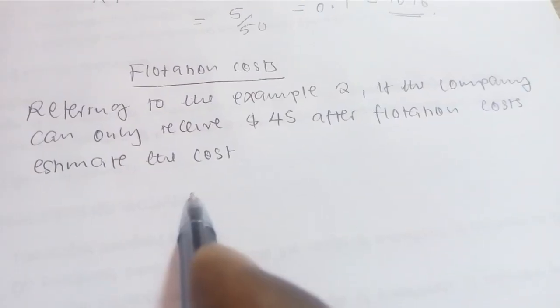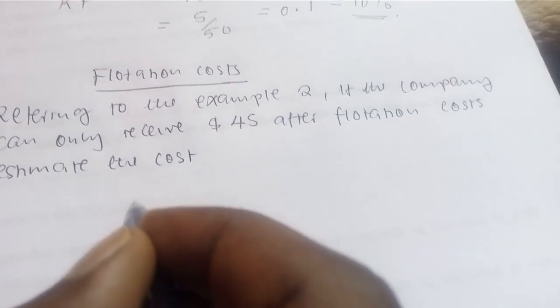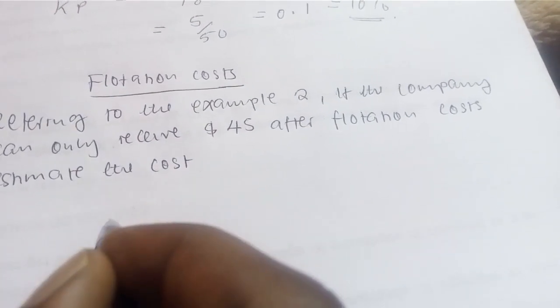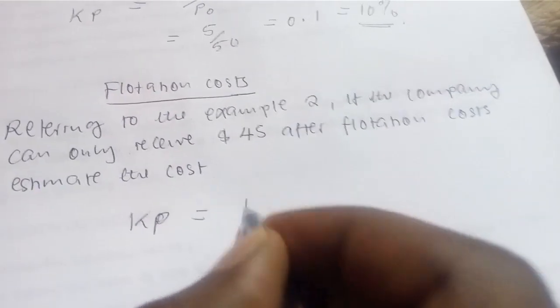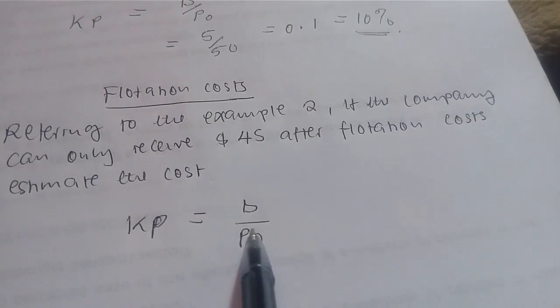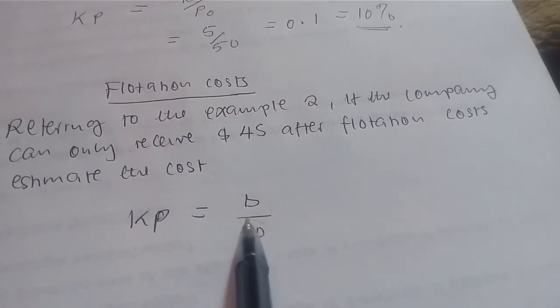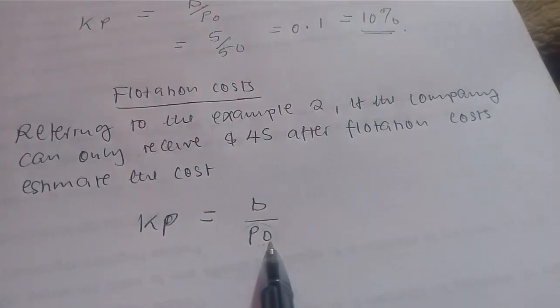So the formula remains the same. However, we have to make some adjustments to the formula. So instead of us having the formula as D over P0, the price that we will receive factoring the flotation cost has to also change.